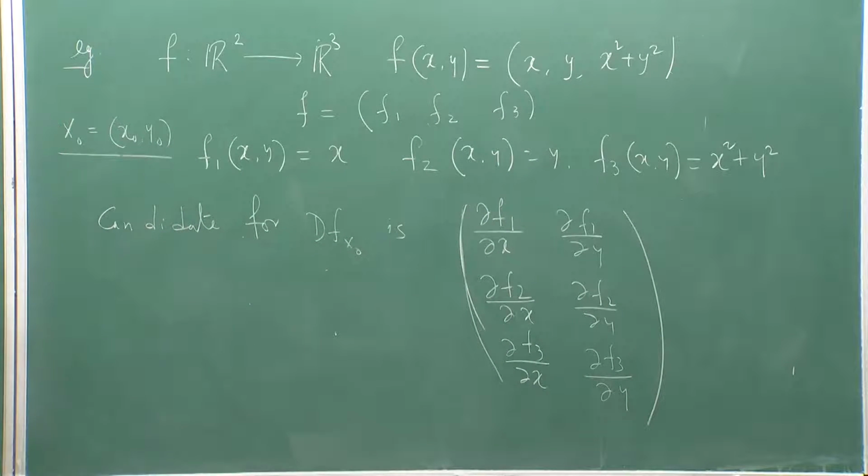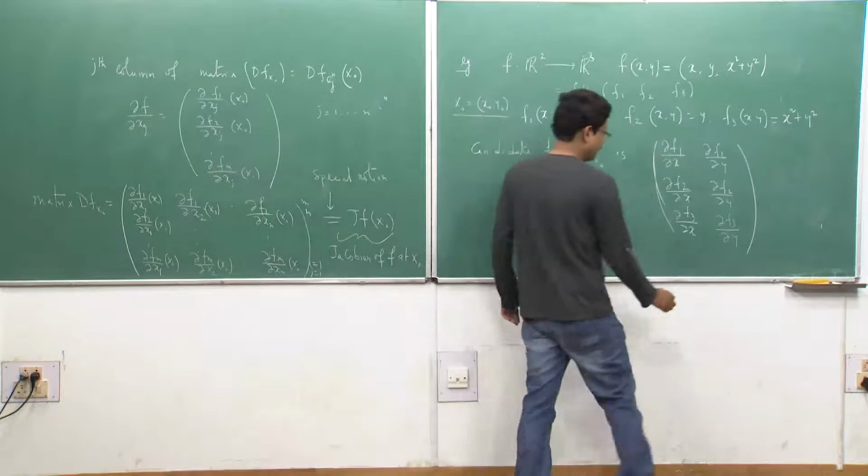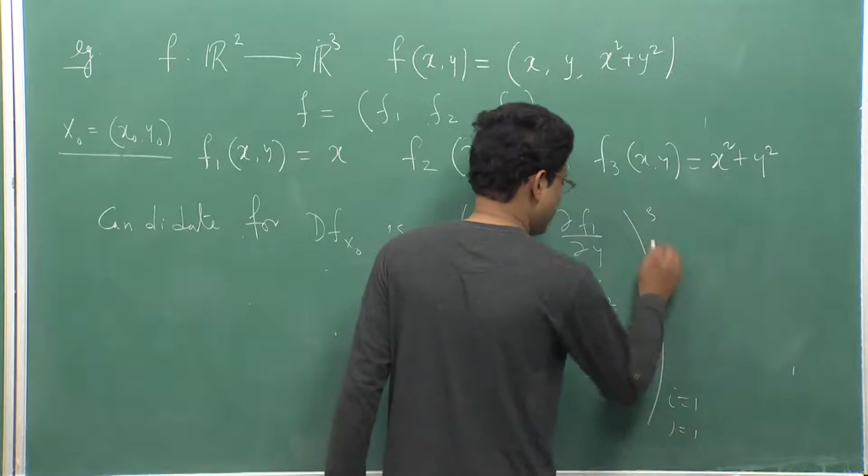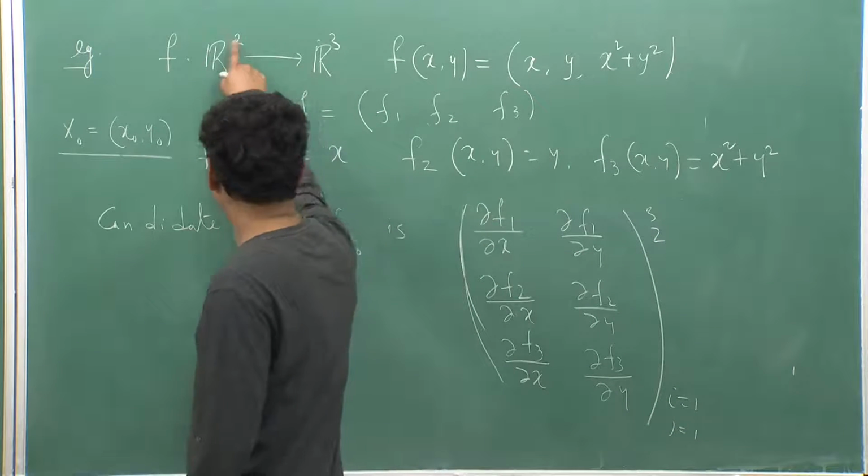Correct? This will be i equal to 1 to 3, j equal to 1 to 2, because it is R^2 to R^3.